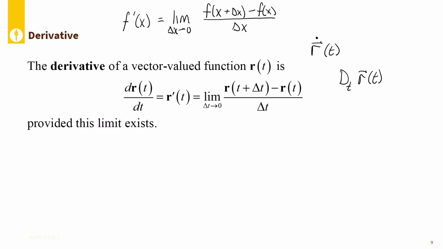So the D notation: capital D with a subscript represents the derivative with respect to. That notation is especially useful if you look at the derivative as an operator. Then that would be your operator, D.